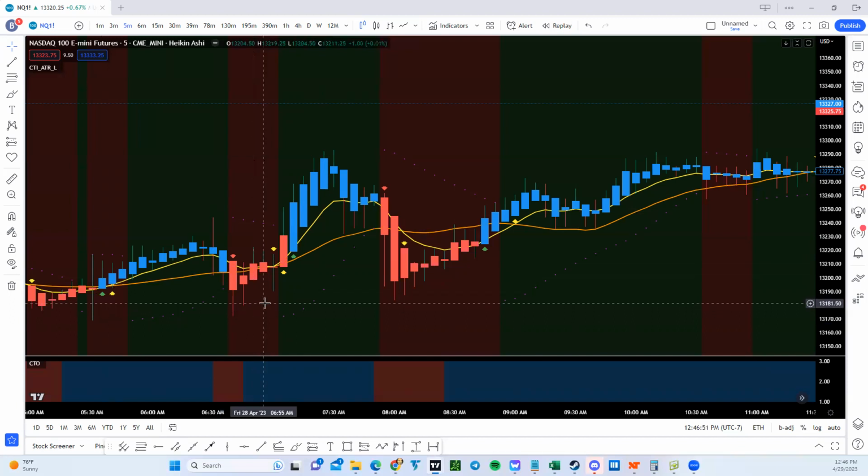This is why using multiple indicators to provide additional layers of confirmation is so important. If we had just entered based off of this one signal without looking at anything else, this cross of the EMA or this oscillator down here, obviously we would have likely suffered a loss with this trade.